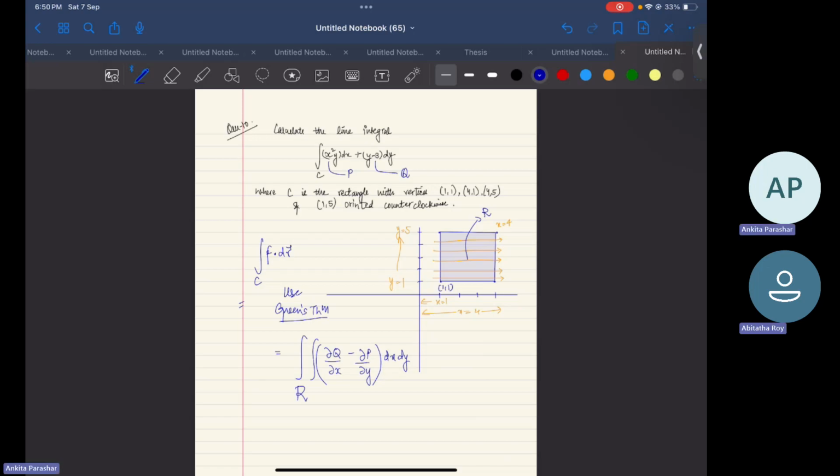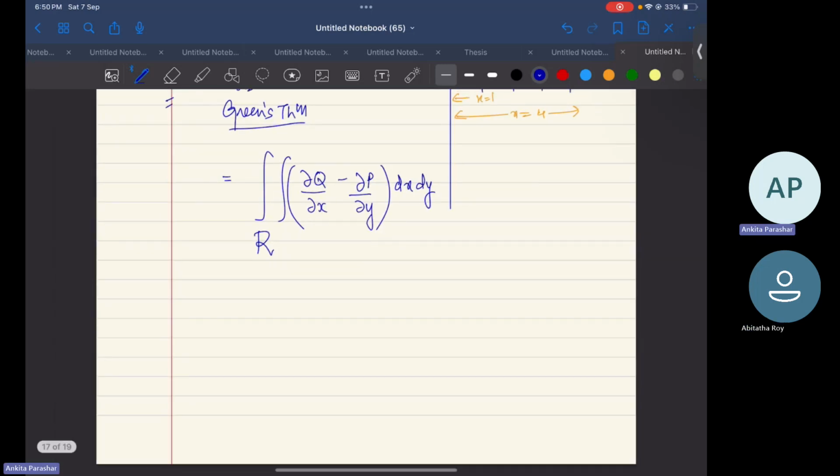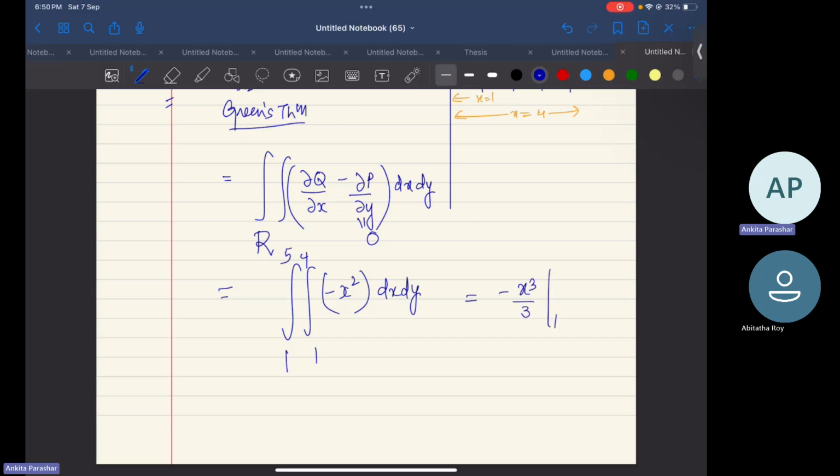The answer is minus 84, exactly right. This time you did your computations well. The integrand is minus x squared, and the other term is 0. With dx dy, the region is from 1 to 4, 1 to 5. This will be minus x cubed by 3 from 1 to 4, and dy is anyway 5 minus 1, so I will simply write that.